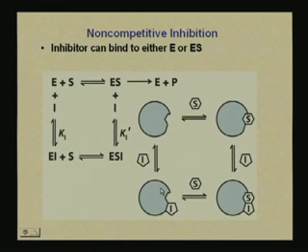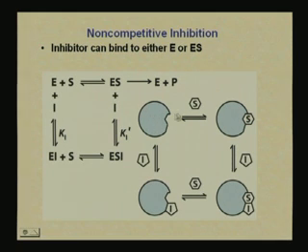Now, we do non-competitive inhibition. What is the difference here? The inhibitor not only binds to the enzyme, but also binds to the enzyme substrate complex. So, it is not competing with the same site. Okay? It is rather binding to a different site. So, let us look at this picture here.